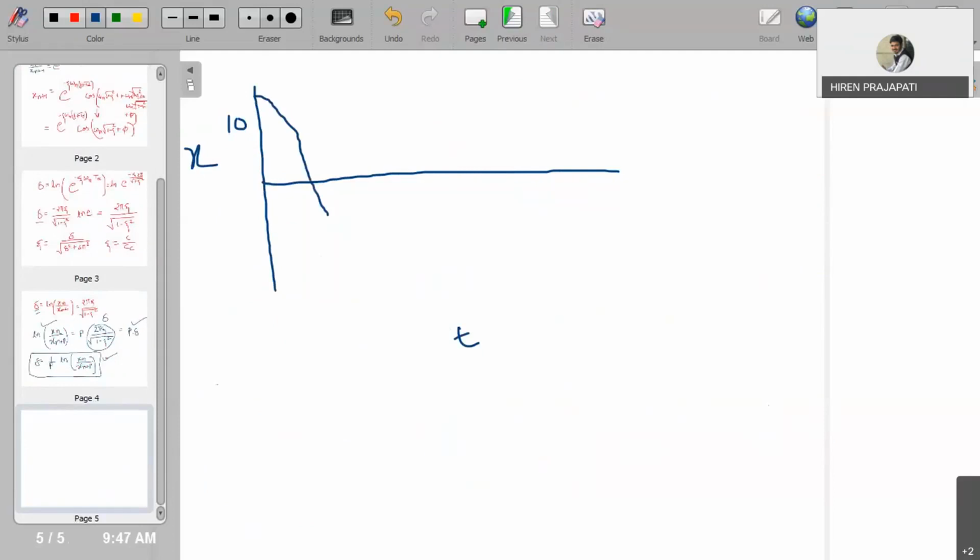And now in every cycle, due to damping, we will be getting some reduction, right? And after this, suppose I got the mean position. So suppose I call this first amplitude x1, this is x2, this is x3, and this is x4, right? And if I tell you directly, this is 10 and x4 is suppose 2.